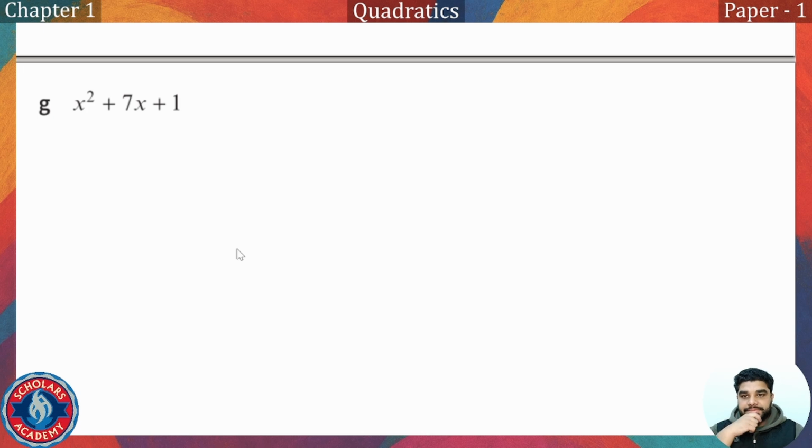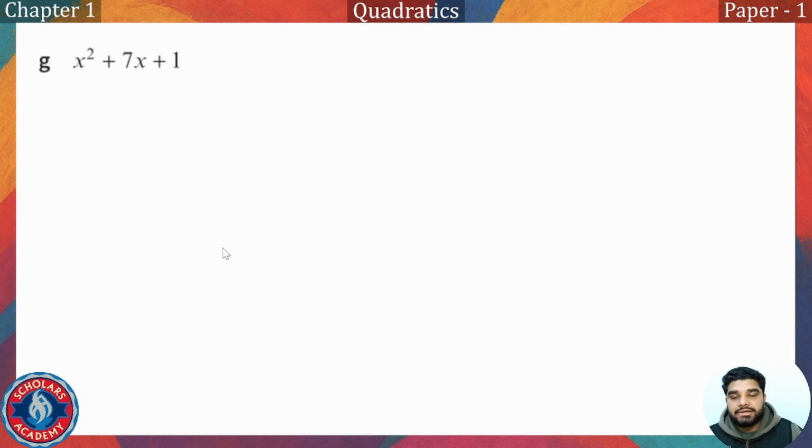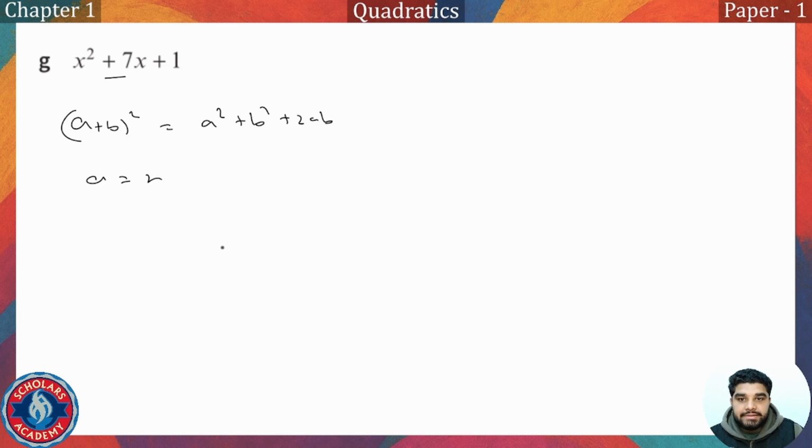Okay. So part G, positive term. So (a + b) whole square is equal to a square plus b square plus 2ab. a is x and 2ab is 7x. 2xb is 7x. b is equal to 7 by 2.